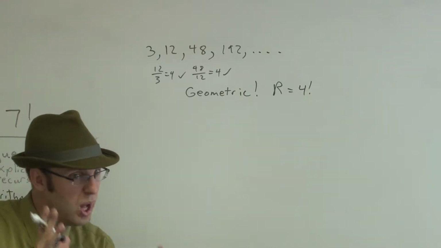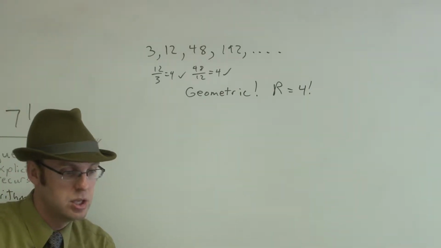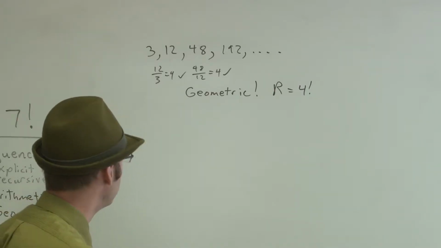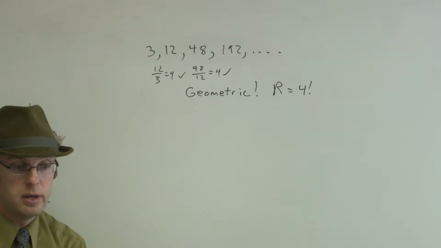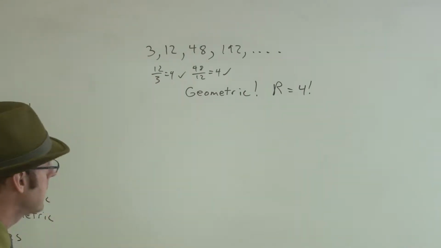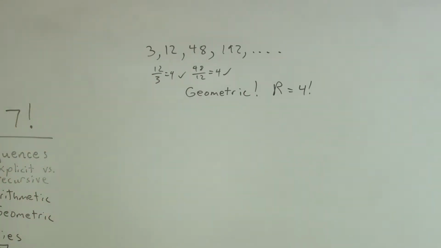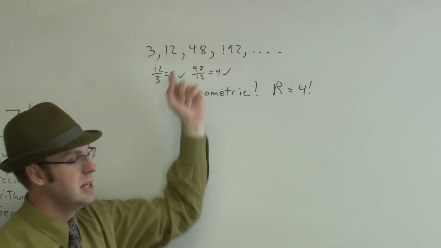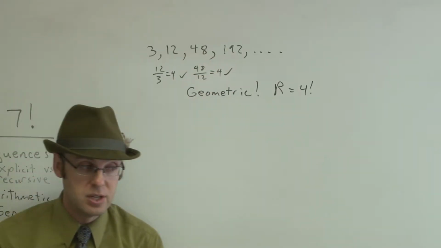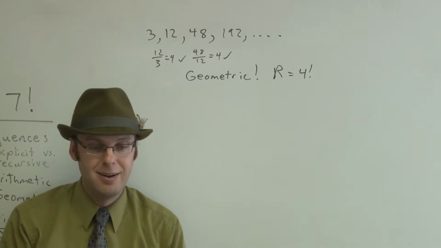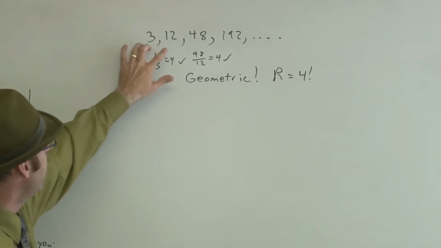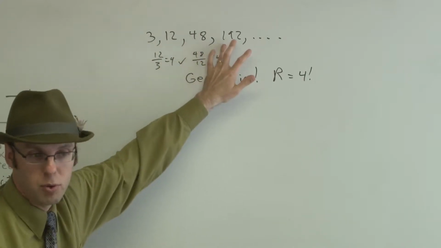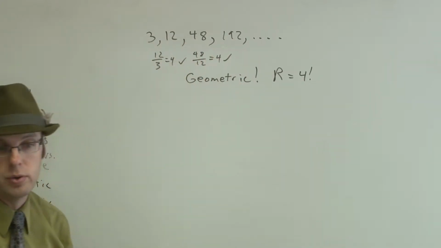There are people who do lots of weird things to try and get the common ratio for a geometric sequence. Just take A2, divide by A1, and you're there. Technically, if you wanted to be an outstanding human being, you would make sure that 192 divided by 48 is also 4, because they could be absolute dicks about it and give you that's 4, and this is like 3.9 or something, just to screw with you.